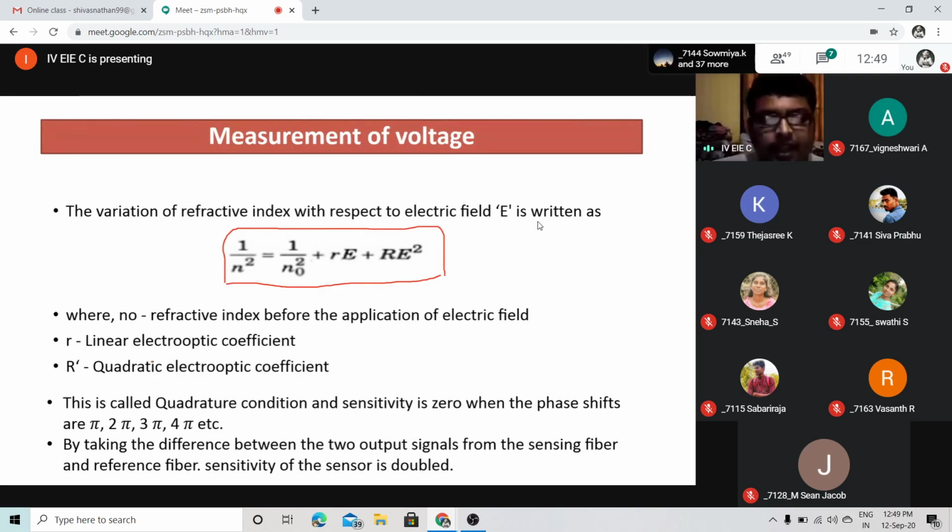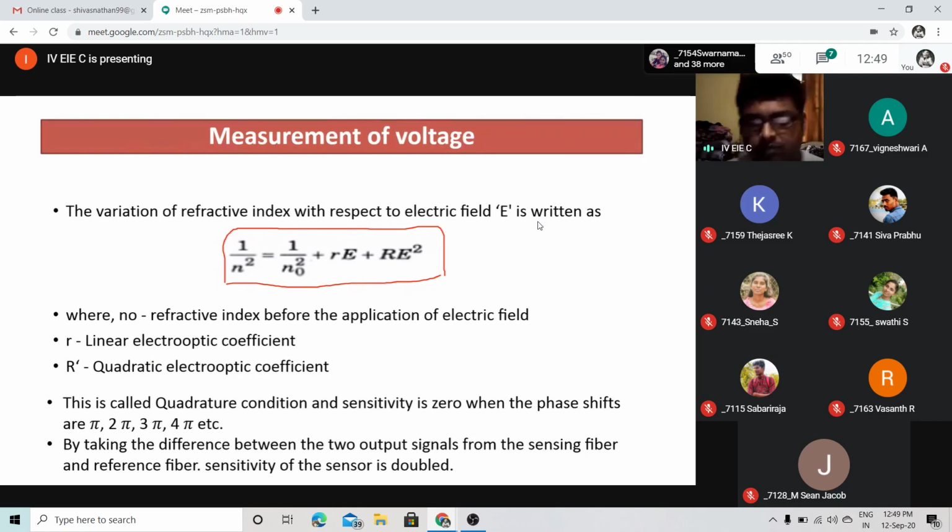Now, if my Kerr effect is accounted for, if I take an electro-optic modulator and use it for measuring voltage, my change in electric energy, voltage applied, or potential difference will change my light parameter, because the refractive index changes. Since my refractive index changes, the traveling path of my light changes. That may affect my intensity. That may affect my dispersion. So that is how we are going to measure voltage. Even the phase differences will also be accounted for.